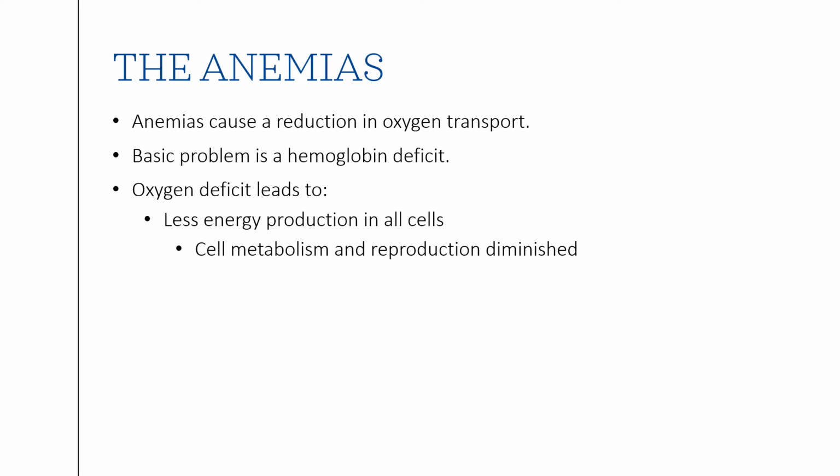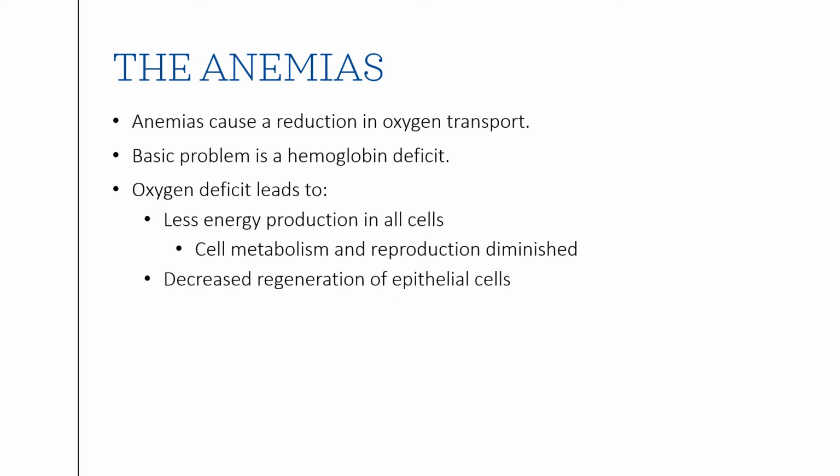When we talk about shock, for example, if you look back at that, we said if you don't have oxygen, the body will undergo anaerobic metabolism with a byproduct of lactic acid. So you obviously know that less oxygen will mean that energy production, or ATP production, in the cell is going to be reduced. Cell reproduction also is going to start to be diminished because they don't have that oxygen supply.